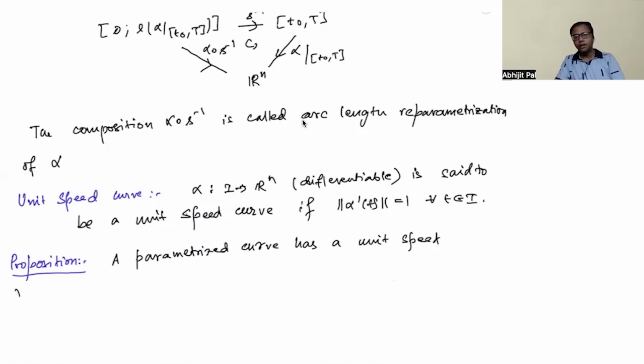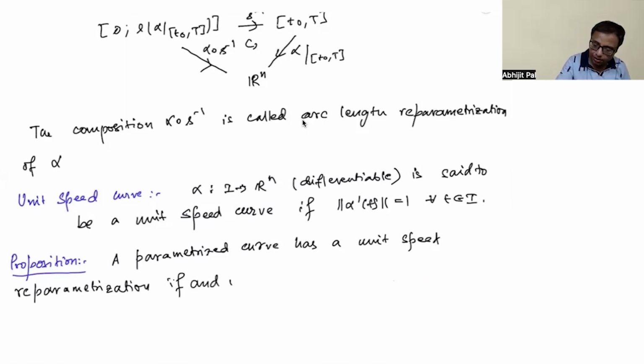Okay. So suppose you are given a regular curve, then it can always be reparameterized in a way such that it will be a unit speed curve. Okay. So let us see how to do this.